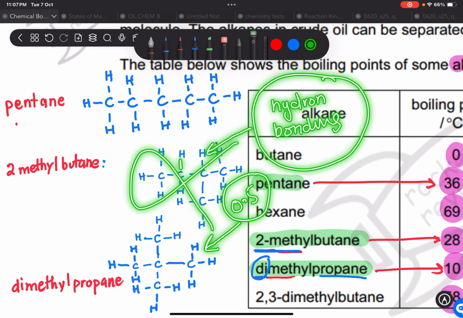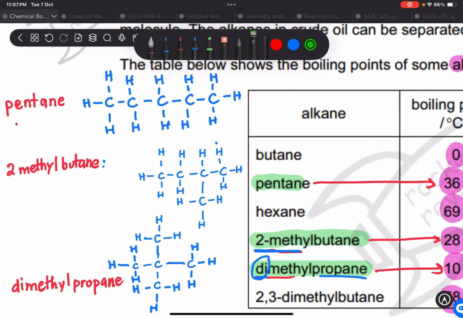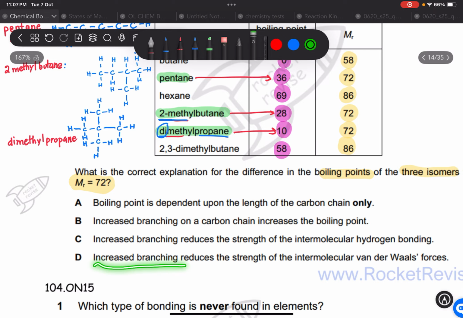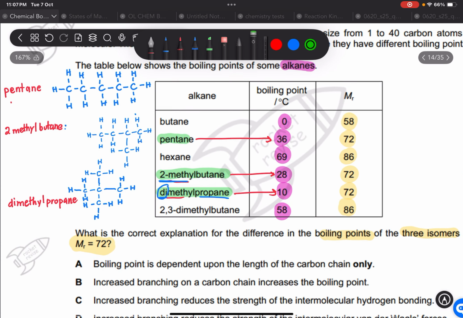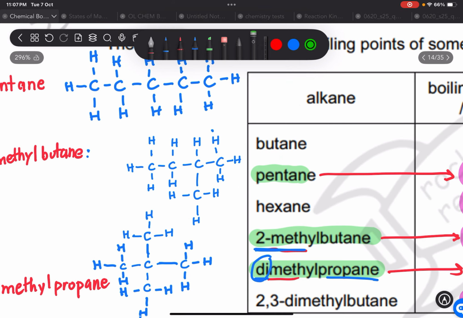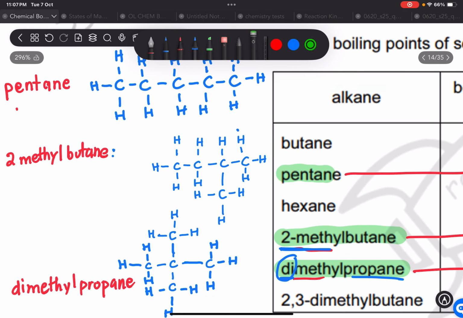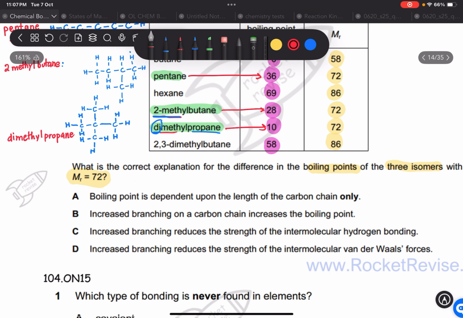Carbon-hydrogen bonds are non-polar. There is no hydrogen bonding in carbon-hydrogen. Increased branching reduces the strength of the intermolecular van der Waals forces. Though there is no hydrogen bonding, there are van der Waals forces between the molecules. There are always van der Waals forces because van der Waals forces are dependent upon electrons. So it's going to be option number D.